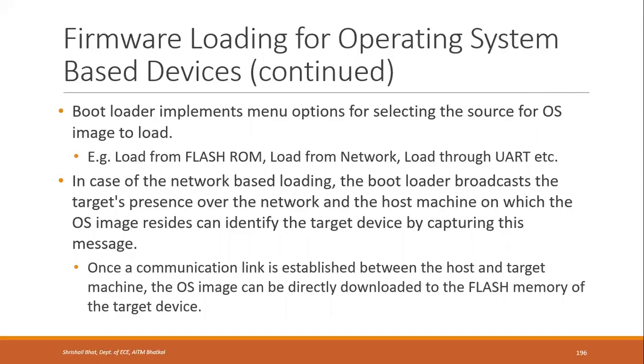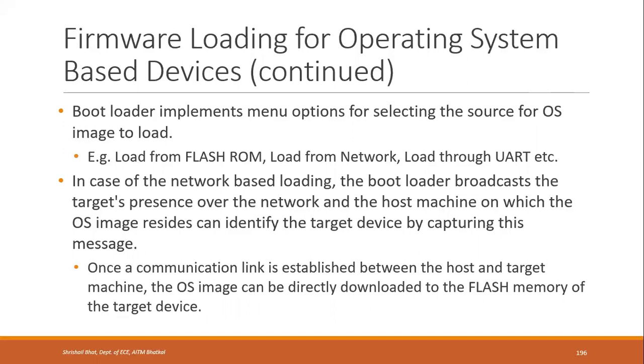Initially, you have to load the OS, right? From where it has to be loaded? That OS image can be in flash ROM, or it can be in the network, or it can be through UART. So based on where it is present, you can select the option, and the bootloader will load the OS image from that particular place.